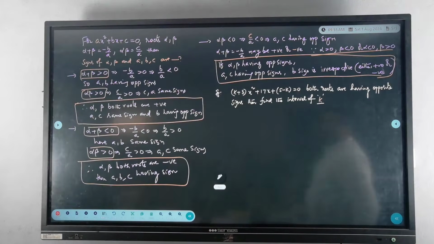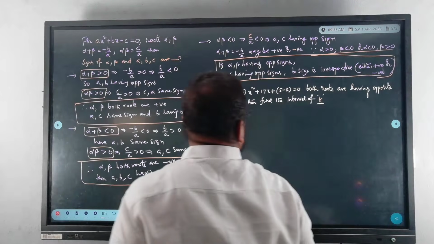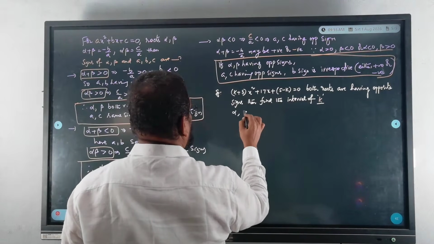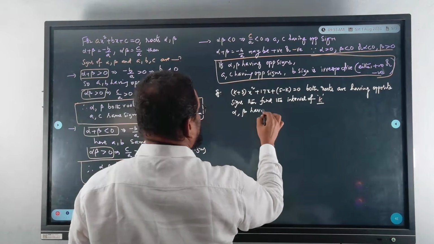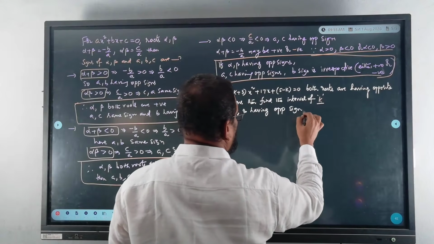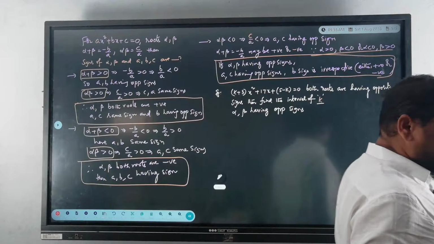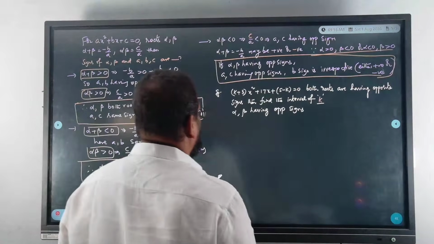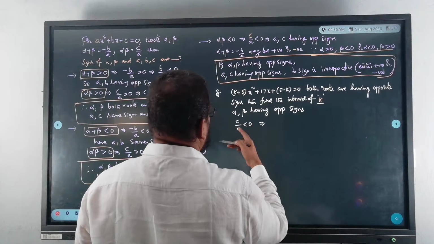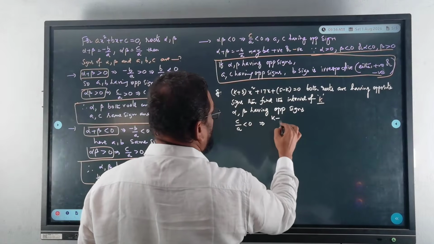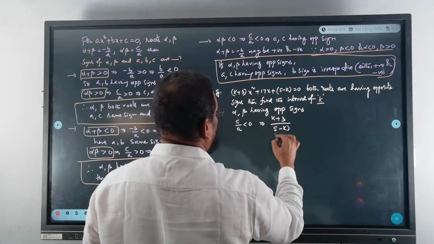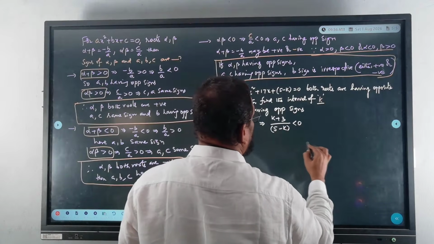So alpha comma beta having opposite signs. Therefore c by a less than 0, that is (k plus 3) by (5 minus k) less than 0.